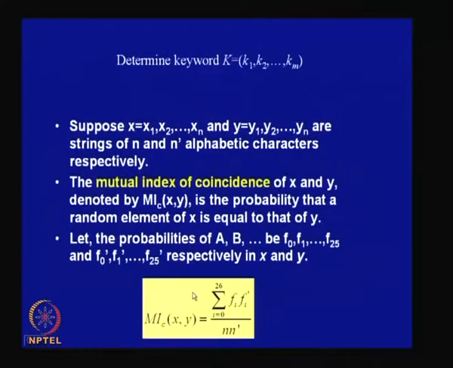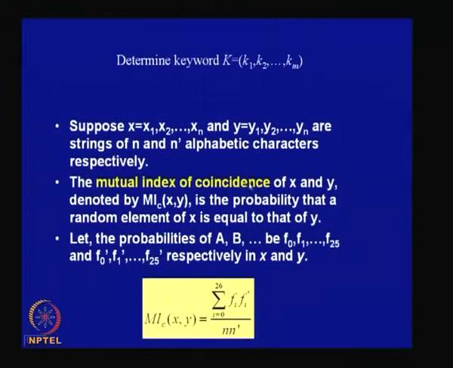In order to determine the keyword, we use another concept known as the mutual index of coincidence. So the mutual index of coincidence works as follows. Consider two strings x and y, where x is formed of x1, x2 and so on till xn, and y is formed of y1, y2 and so on till yn'. These are strings of n and n' alphabetic characters respectively.